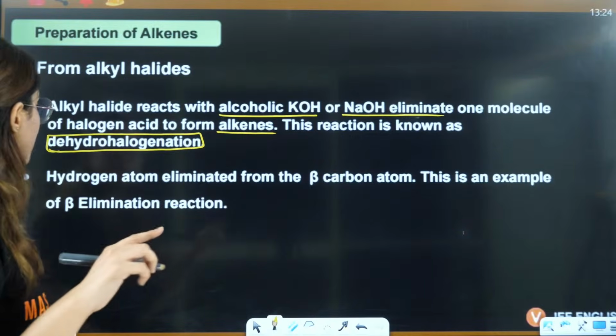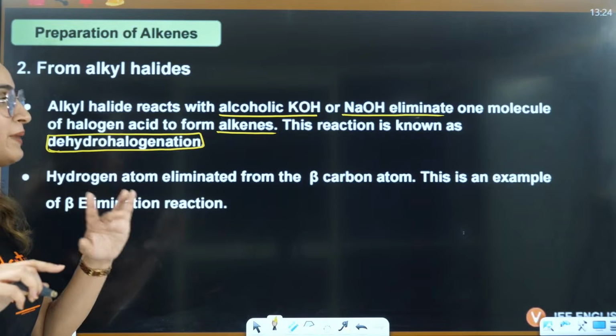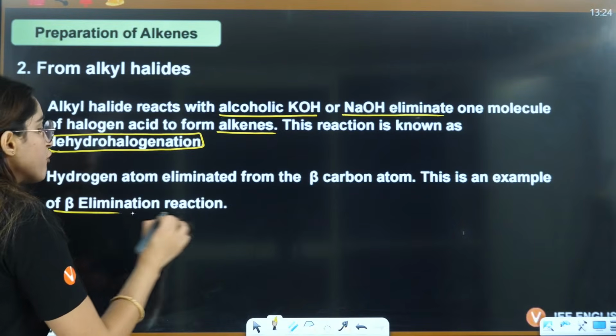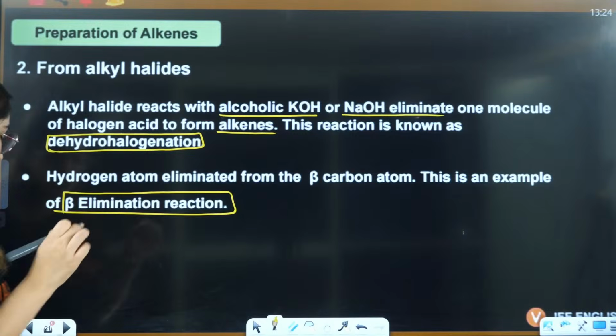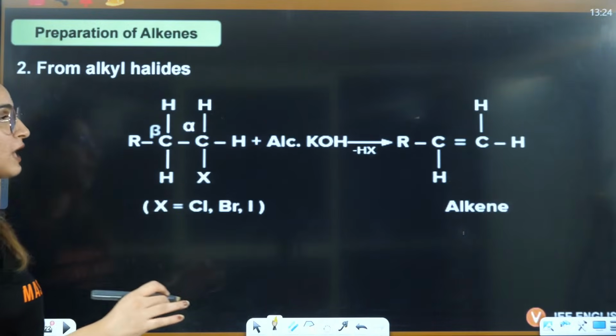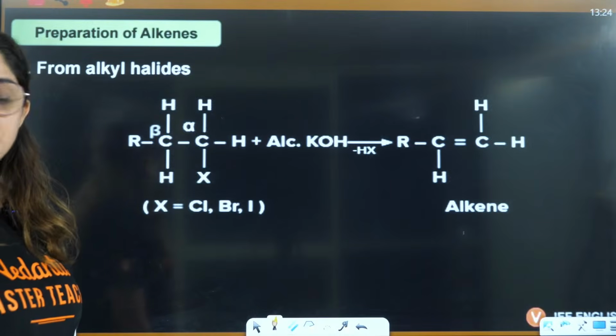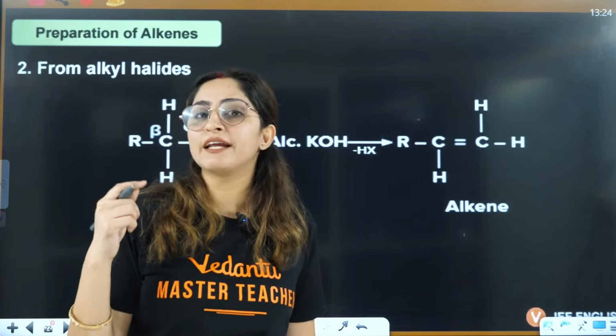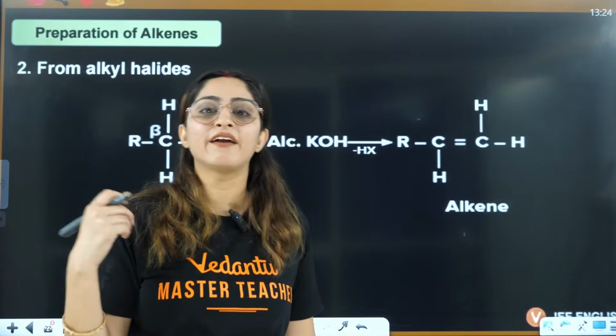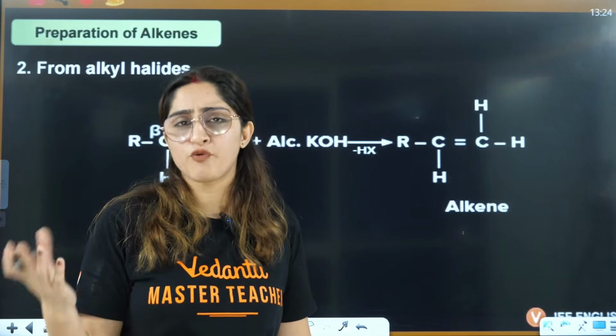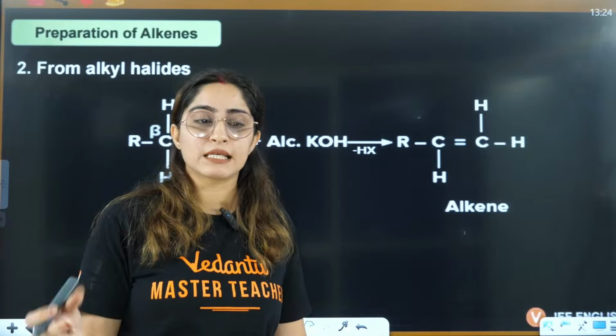This hydrogen atom is eliminated from the beta carbon, so this is an example of a beta elimination reaction. In case of dehydration, we use a dehydrating agent like concentrated H2SO4, P2O5, all these things.